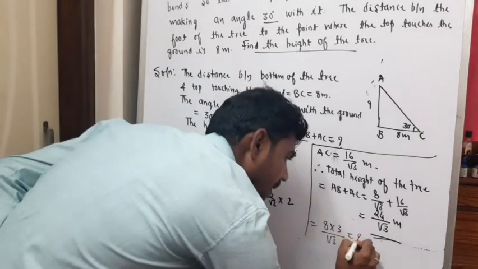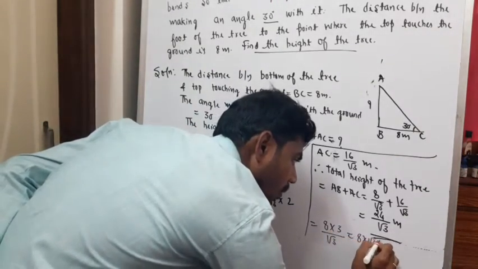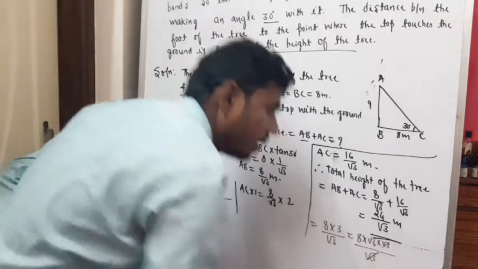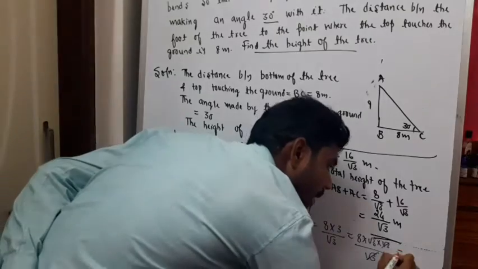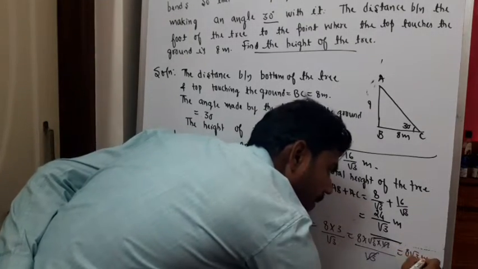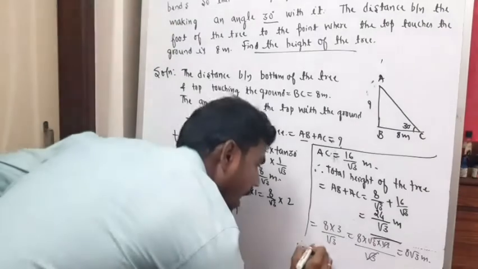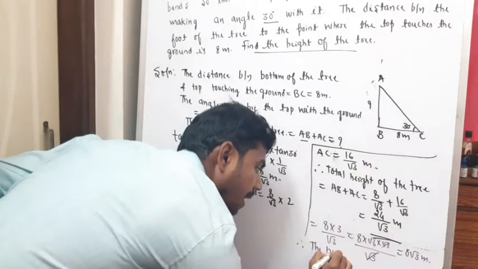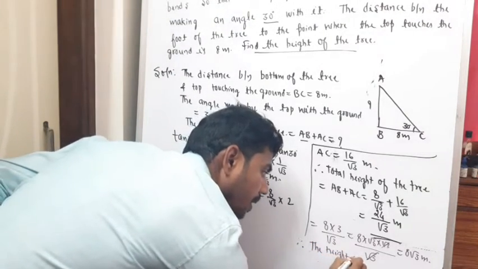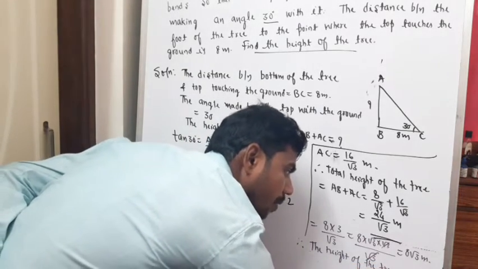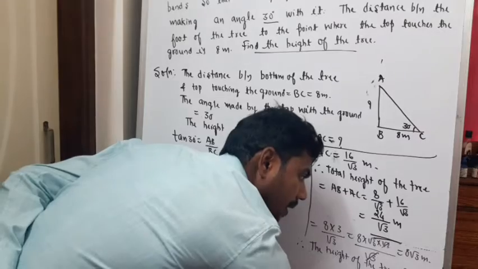So 3 can be written as root 3 into root 3, giving 8 into root 3 divided by root 3. This and this will get cancelled. That is 8 root 3 meter. Therefore, the concluding statement should be: the height of the tree is equal to 8 root 3 meter.